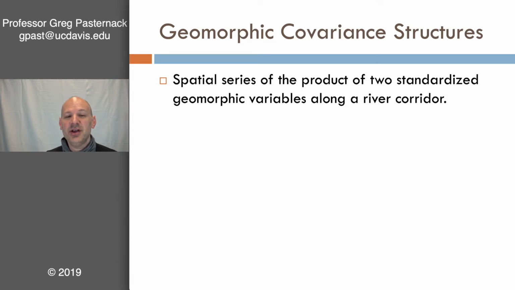It could be environmental covariance, but then someone's going to come up with something sociological. It doesn't matter. You could have any two things down a river corridor. It could be crime rate, it could be wealth and poverty, it could be anything. And you could see how that creates a structure with anything else. That's the thing. So down a river, there are many geomorphic covariance structures.